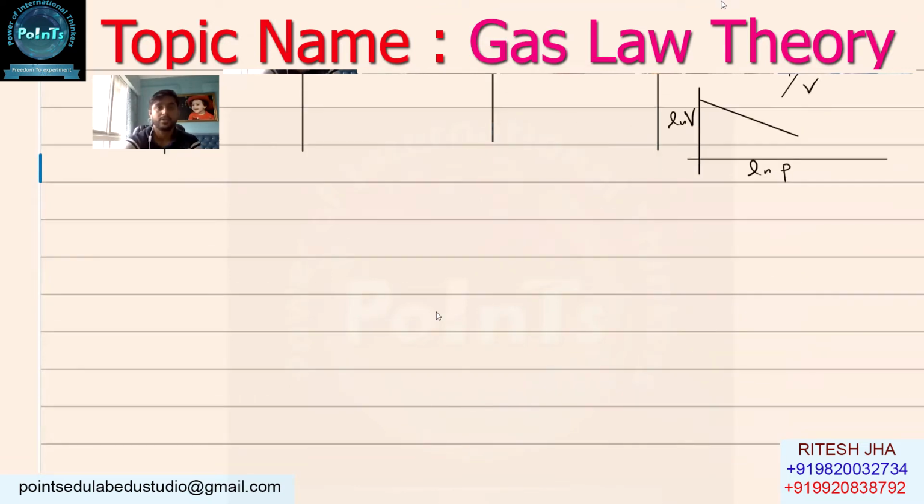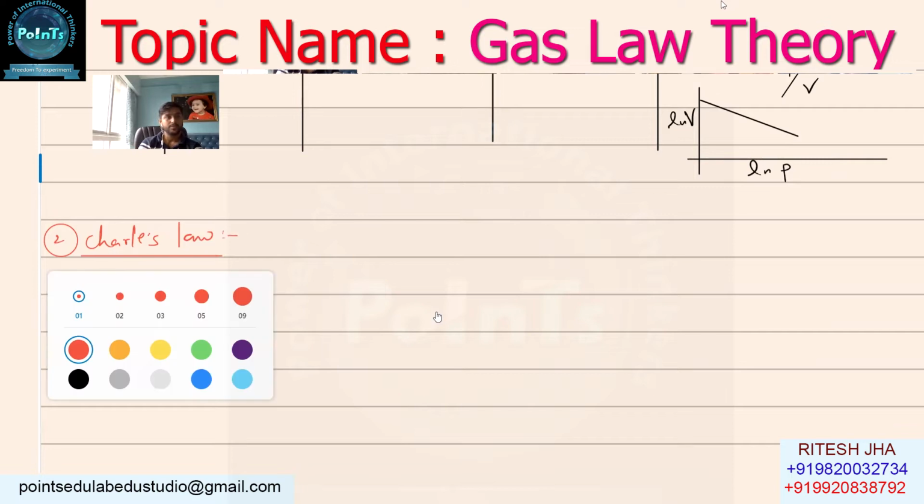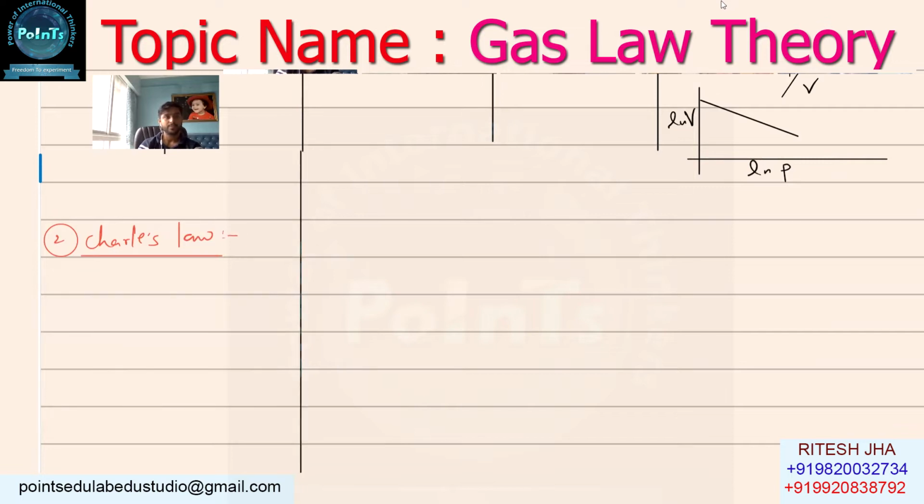So now the next law that we are learning, the second law, is Charles's law. So what is Charles's law? Charles's law says that as you increase the temperature, the volume also increases.